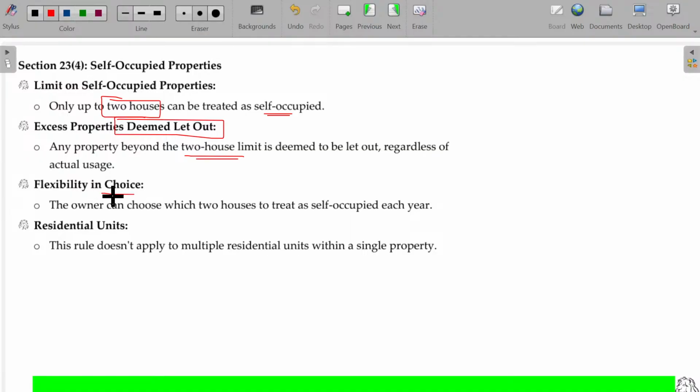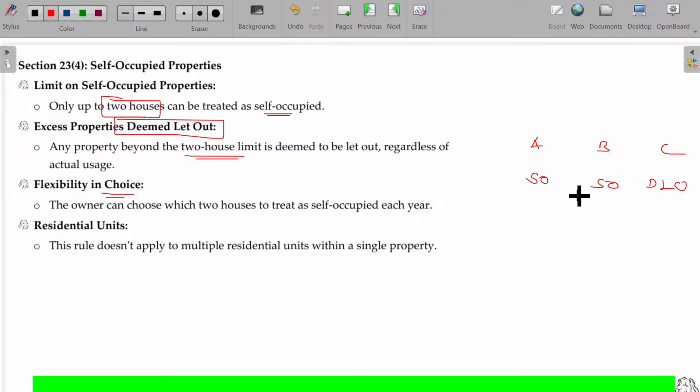And flexibility of choice. So A, B, C. All the 3 house properties, house property A, B, C, are used for your self-occupancy purpose. So as per the provisions, you can consider this being self-occupied, and this will be deemed to be let out, DLO.